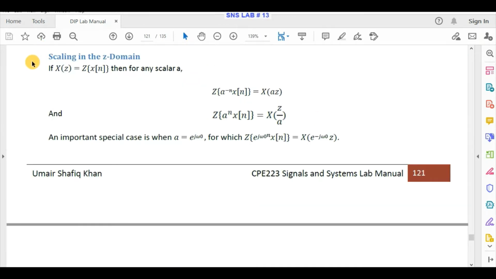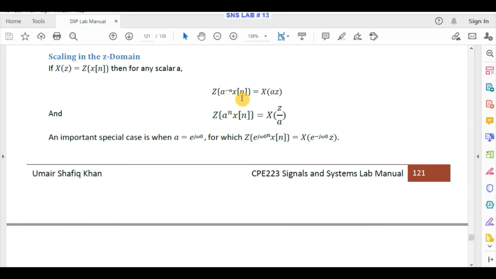The next property is scaling in Z domain. If we want to scale a signal in Z domain, we need to multiply our actual signal, which is in time domain, by a power minus n.